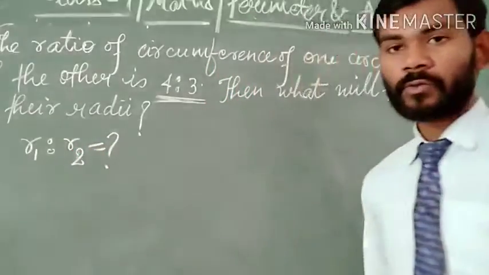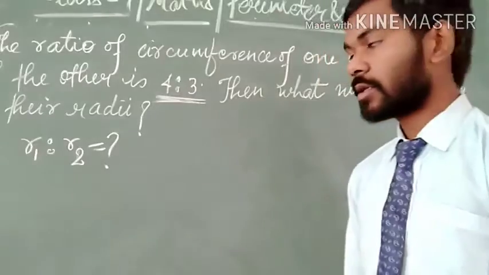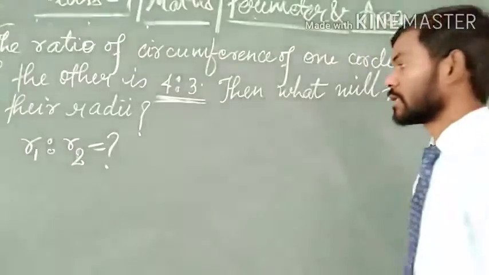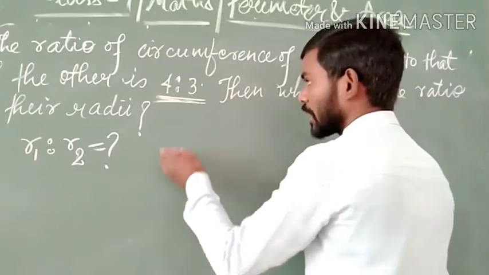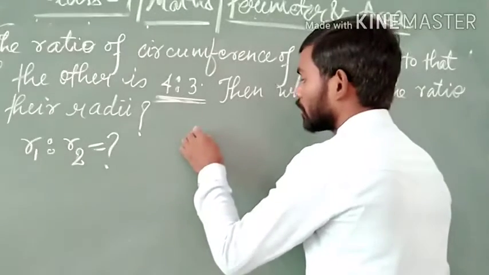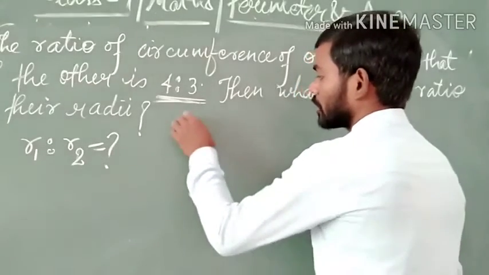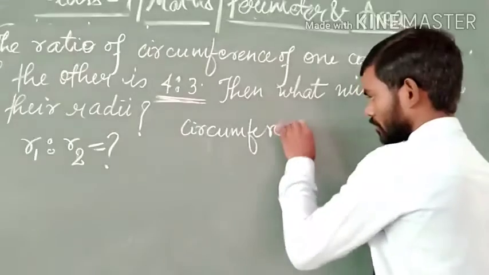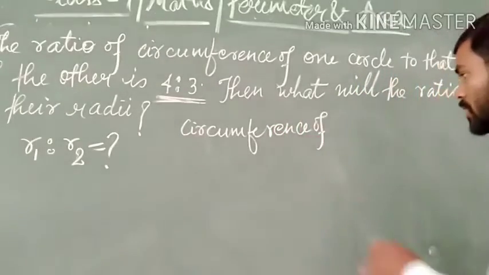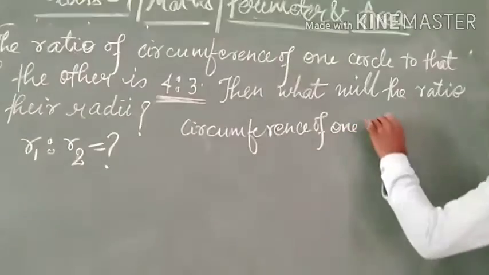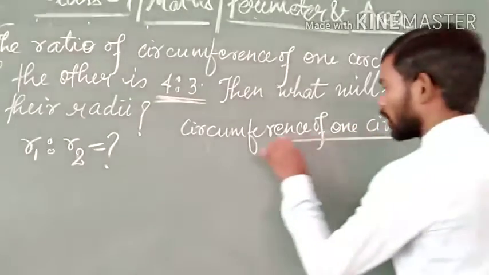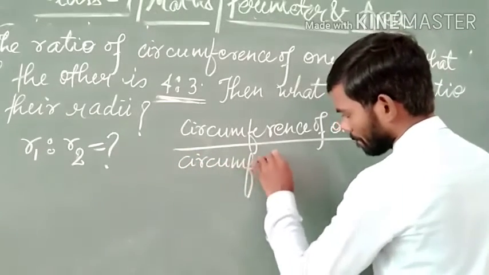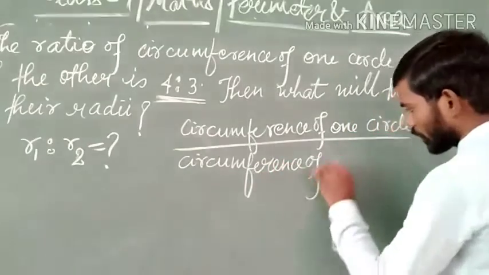Since the circumferences are given, we can write the circumference of one circle upon the circumference of the other.